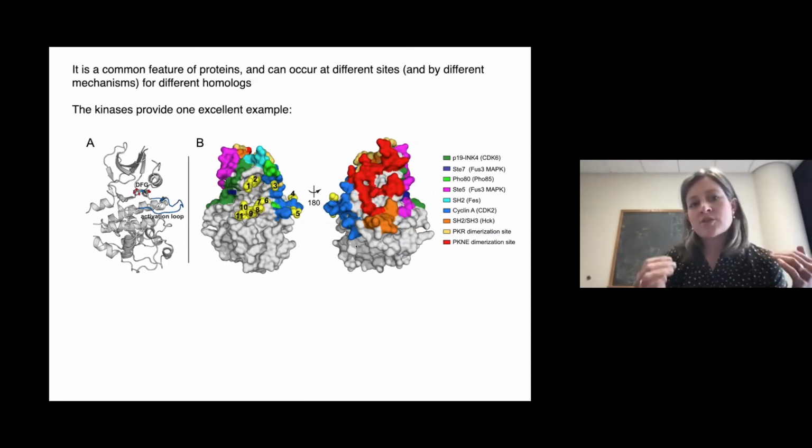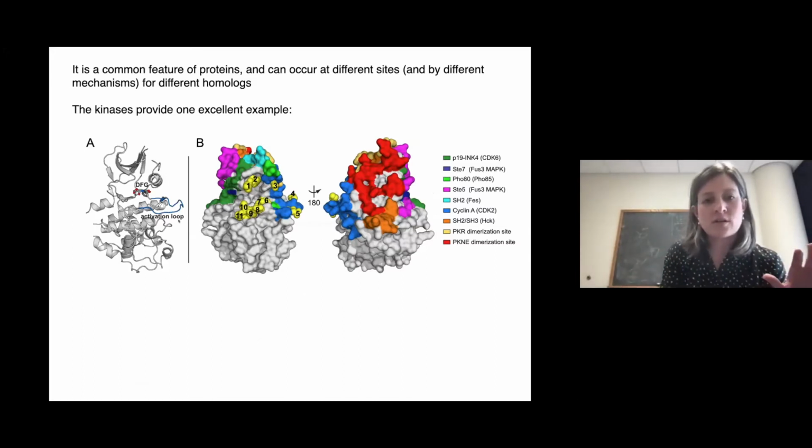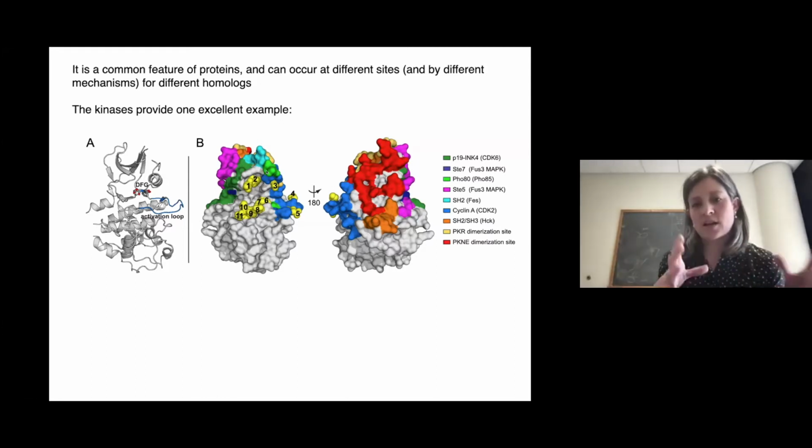And here I'm showing the protein kinases as one prototypical example of this, right? So what I'm showing here in panel A is just a canonical protein kinase structure. There's an N-terminal lobe, a C-terminal lobe, and an active site here. And then what I'm showing in panel B is now I've taken this kinase structure, and on the surface, I'm painting in different colors different sites of regulation in different kinase homologs, right?